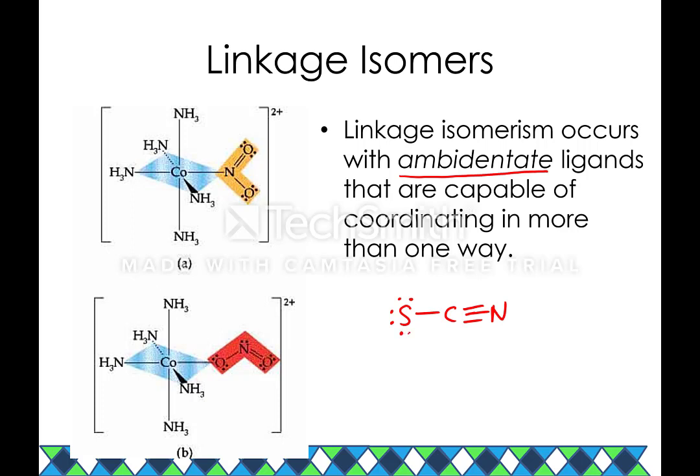Thiocyanato was an example of an ambidentate ligand. We could donate from either the sulfur or the nitrogen. Nitrito is another example. It has a lone pair on the nitrogen and also lone pairs on these oxygens, so you could donate from either the oxygen or the nitrogen.